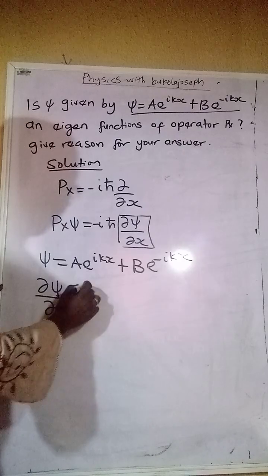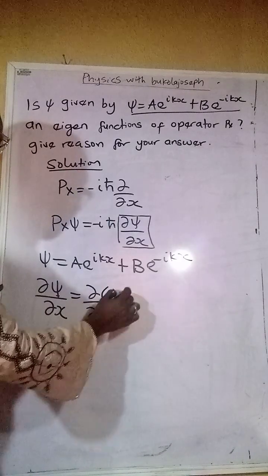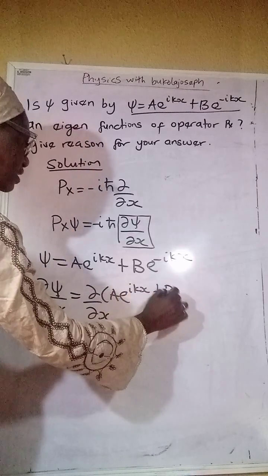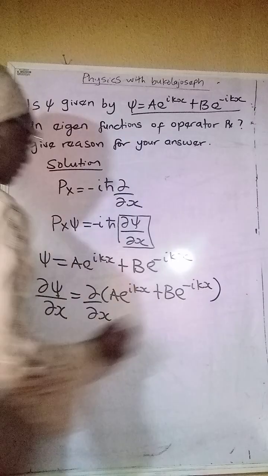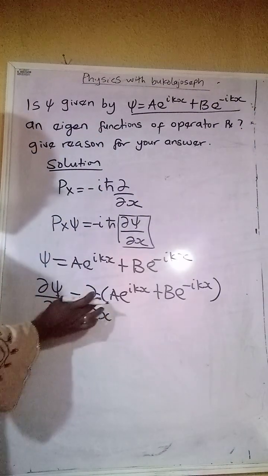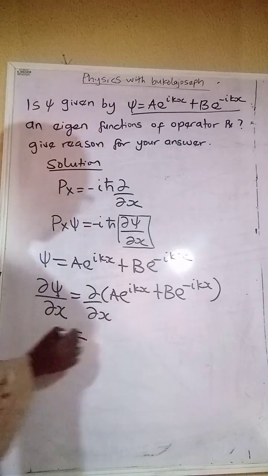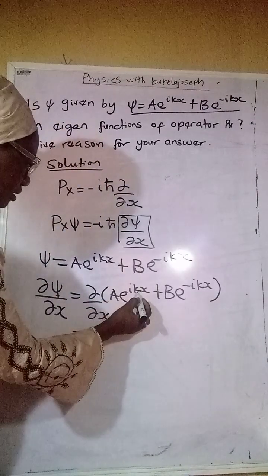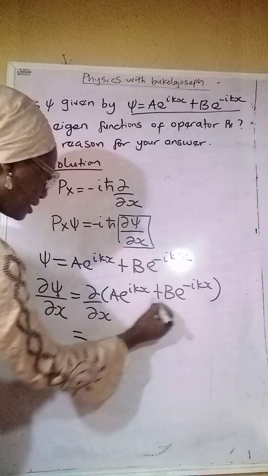So it becomes d/dx of A exponential ikx plus B exponential minus ikx. To differentiate with respect to x, the coefficient of x will be multiplied by everything.